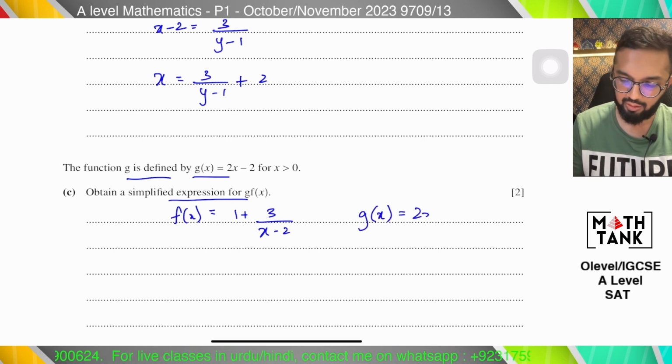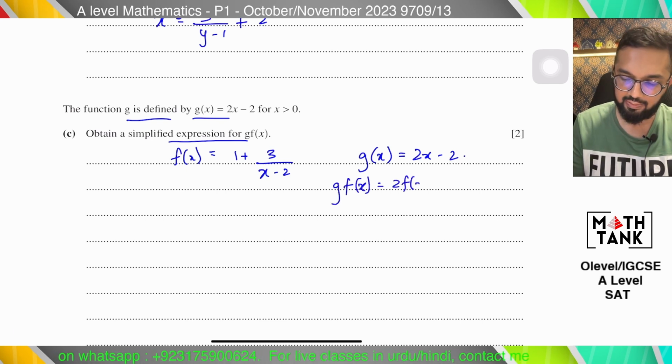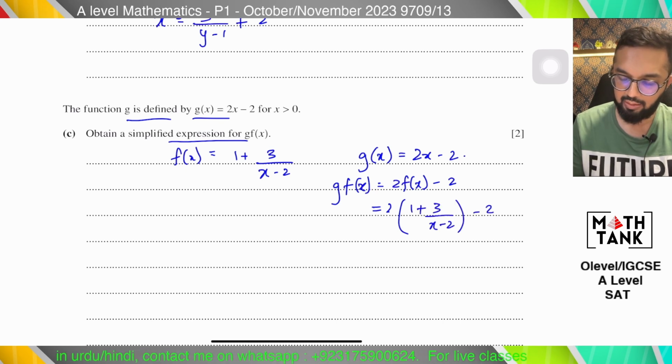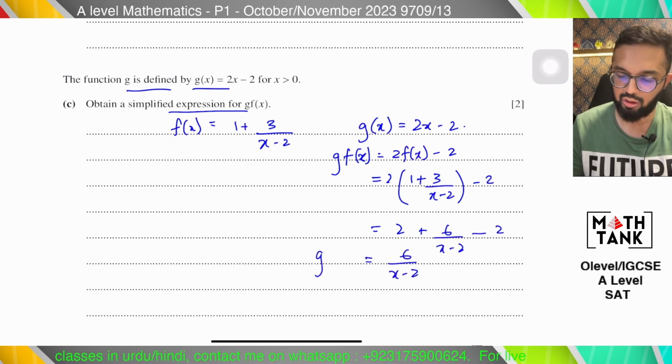So gf of x is basically 2 times f of x minus 2. What is 2 times f of x? It's 2 plus 6 over x minus 2. Then minus 2, that's 6 over x minus 2. So that's gf of x.